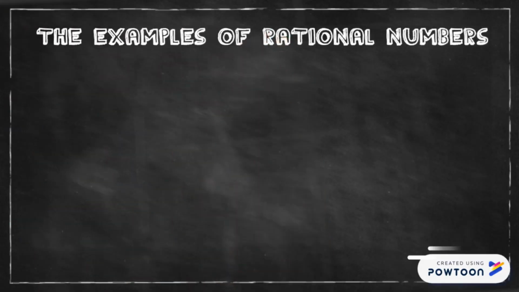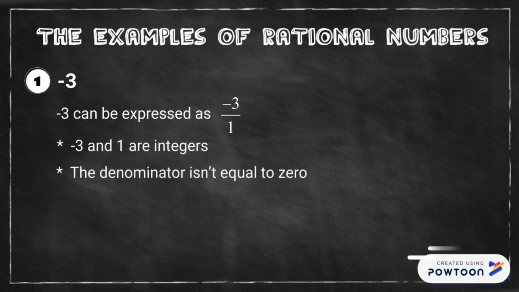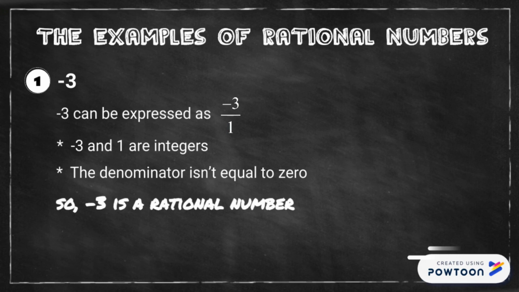Next, the examples of rational numbers. Number 1. Negative 3. Negative 3 can be expressed as negative 3 divided by 1. From the fraction, we can see that negative 3 and 1 are integers and the denominator isn't equal to 0. So, negative 3 is a rational number.